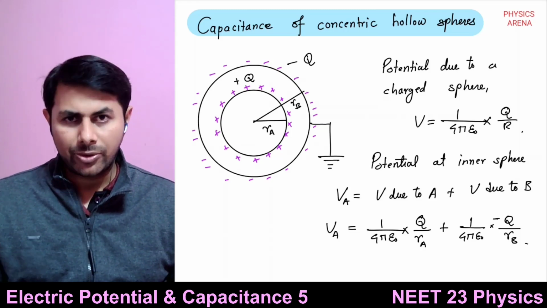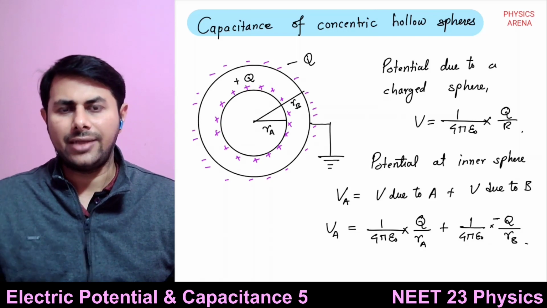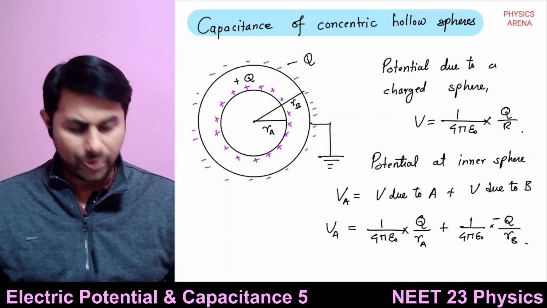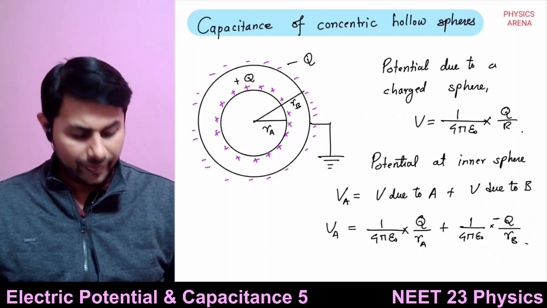The potential due to the outer sphere, which is 1 upon 4 pi epsilon naught times minus Q upon RB, gets cancelled out.